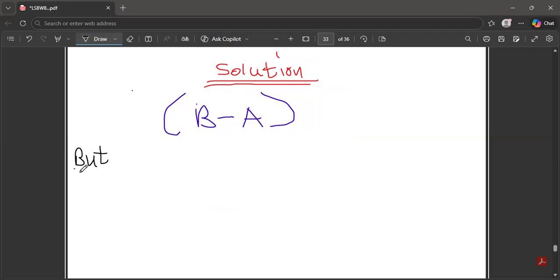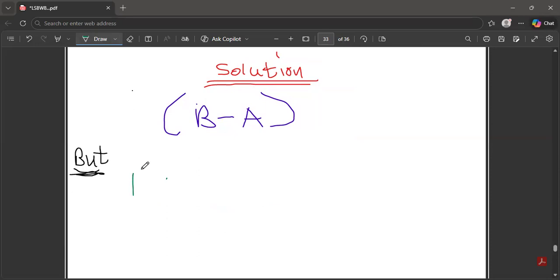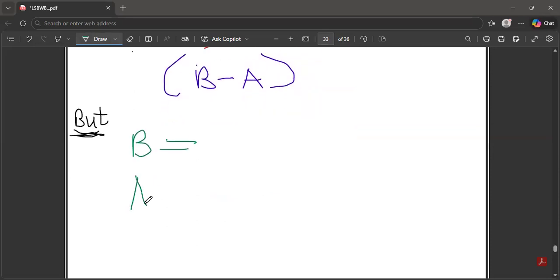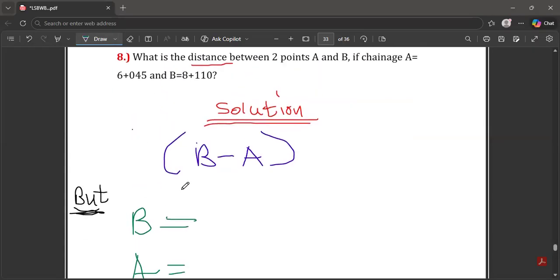We are seeing that B is equal to 8 plus 110, which is the same as 8,110 meters.